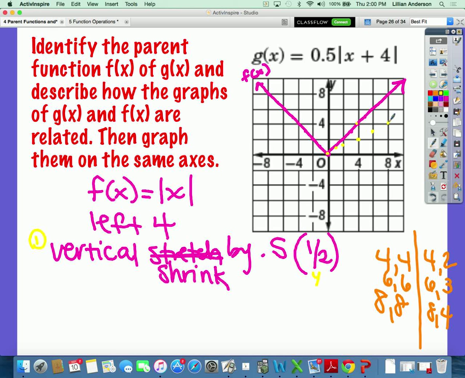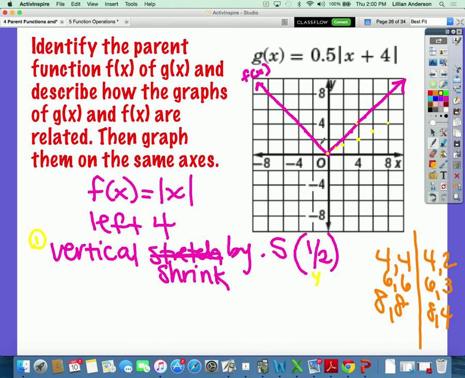There it is. Okay? I want to do the exact same thing on the other side. How are you getting like 4, 4, 6, 6? How do you know? These are all the points that are on your parent function. That's how you're able to graph the parent function. If you ever forget what it looks like, remember you can always plug in points. Make a T-table. Plug in points for X and get the corresponding ones.